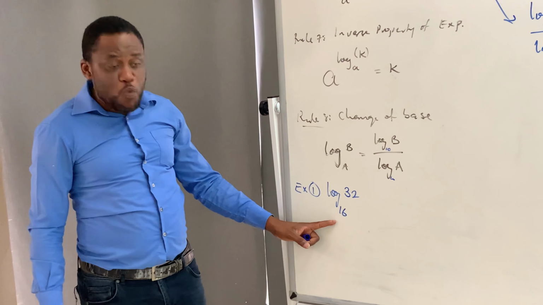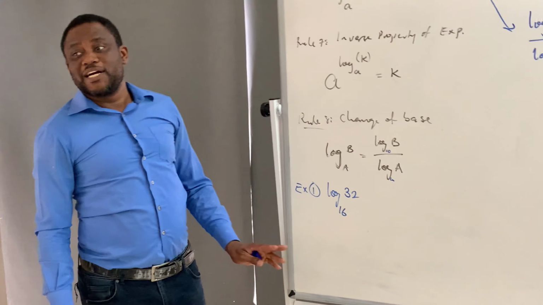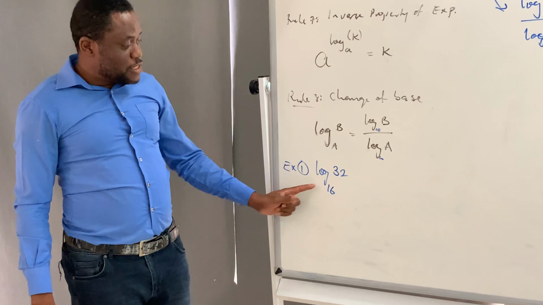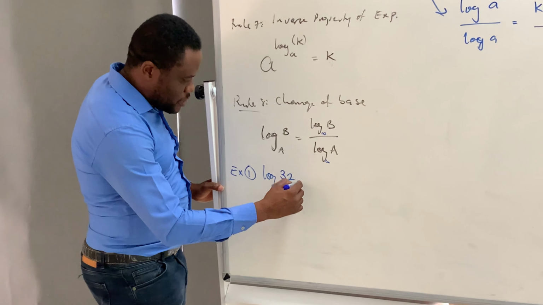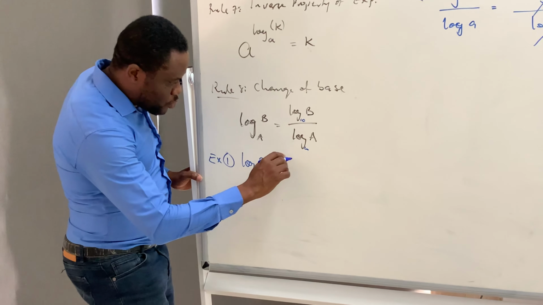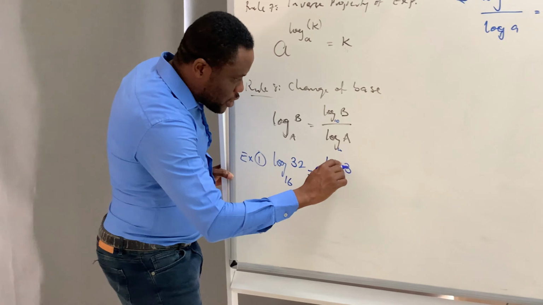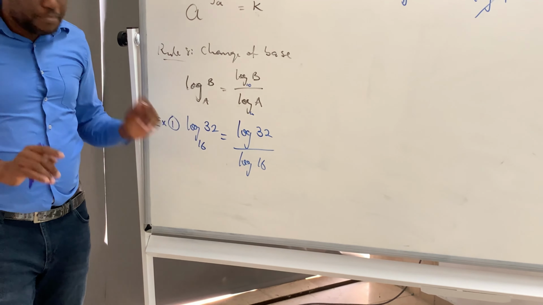It can be base 1 million. So don't panic. For this kind of thing, it is good to apply change of base. So if I apply change of base, we have log 32 divided by log 16. Since I don't have anything here, it is base 10, so I may not write it.